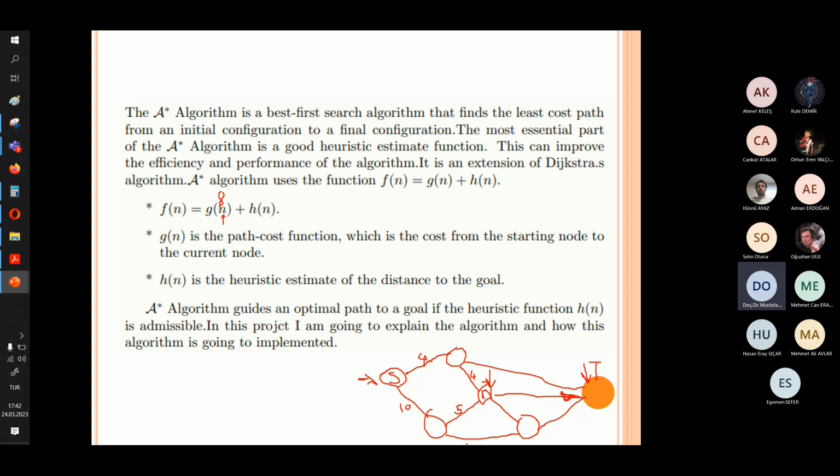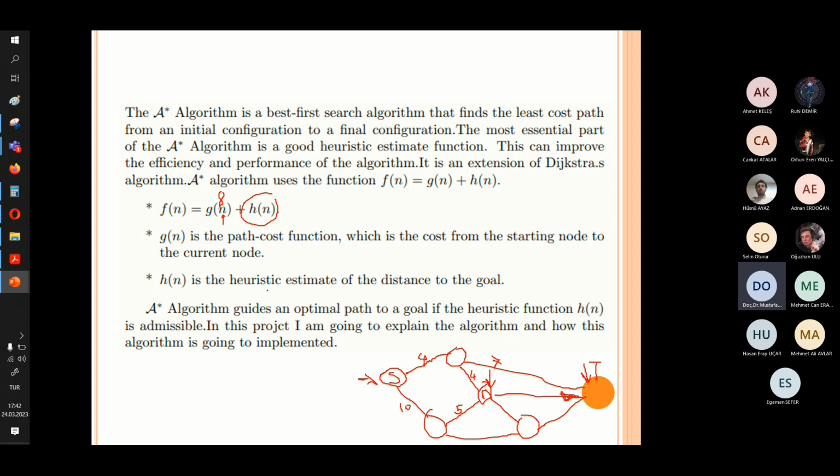Therefore, if we have that prior knowledge, or an extra knowledge, by integrating it into the decision mechanism as an Hn heuristic value, let's say that person says the target is 7 units far away.